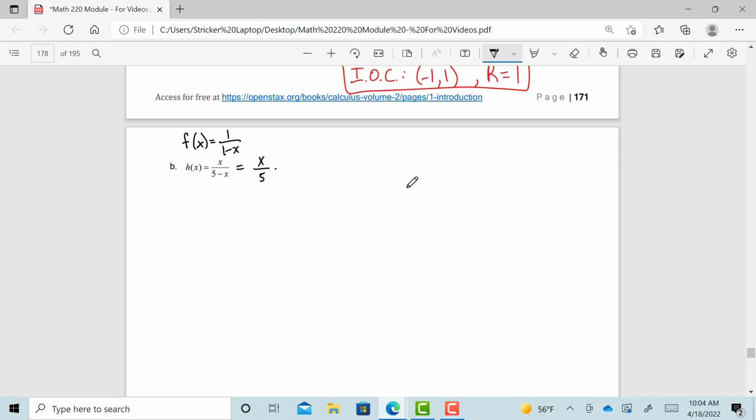Now if we pull out x over 5, we're left with 1 over 1 minus, and then what would the second part look like? It would have to be x over 5, right? Because if we were to distribute the 5 back in here, 5 times 1 is 5, and 5 times x over 5 is x.